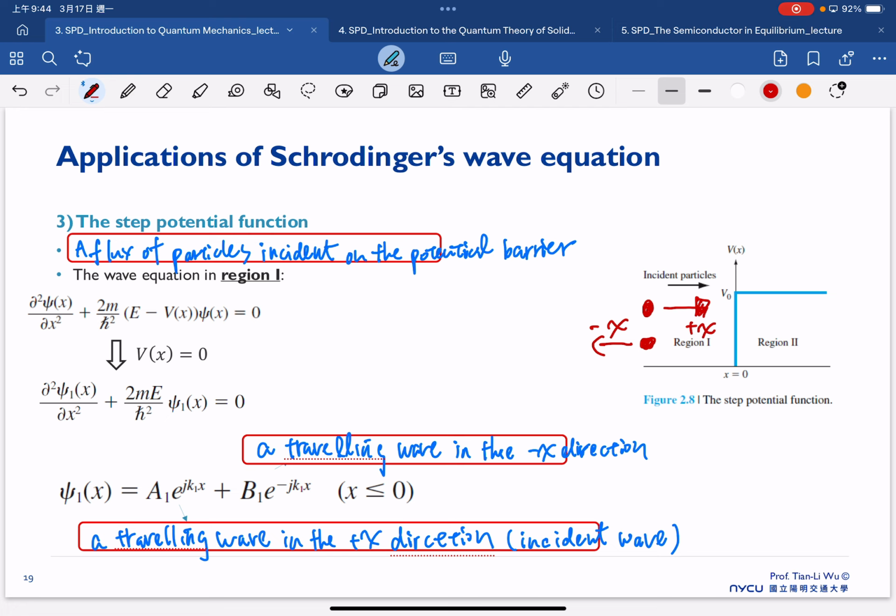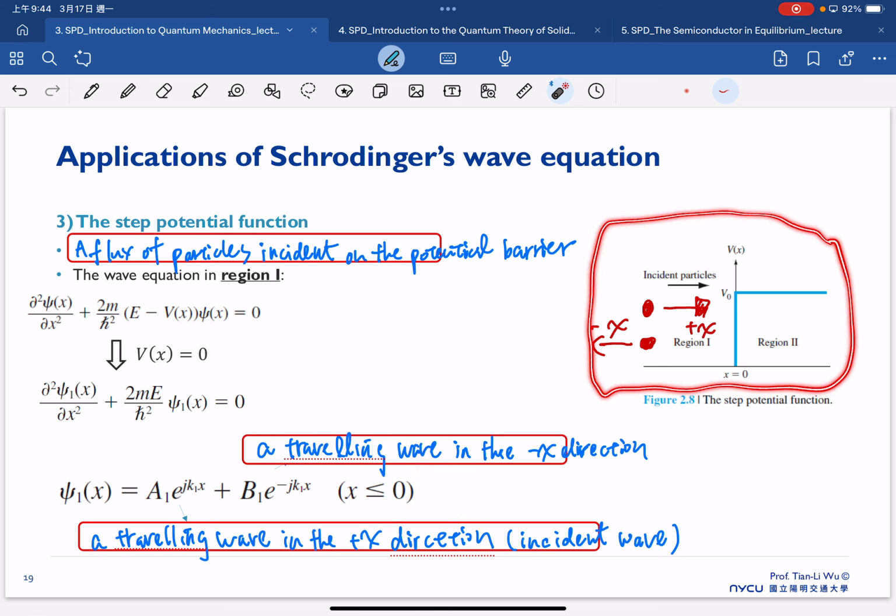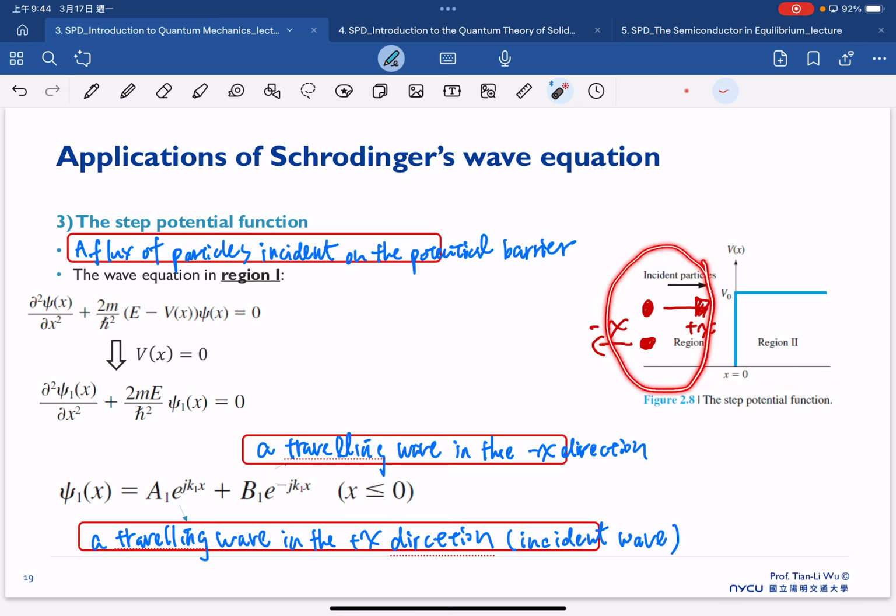Even nowadays, if you don't really understand this wave equation very well, you can simply consider the case here. It's very straightforward that once you have an electron moving in region 1 and trying to inject into region 2, there are only two possibilities.